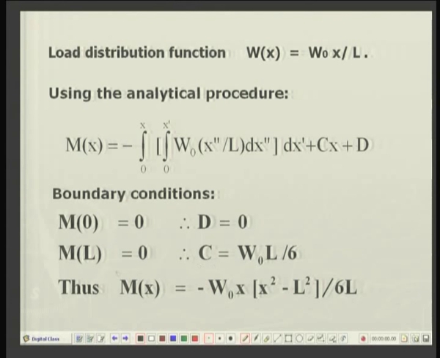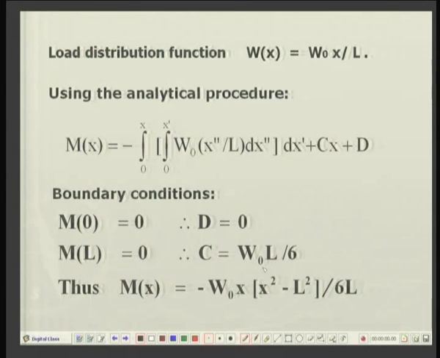Okay. And once we have obtained these two constants, I substitute back into this equation to get the final expression for bending moment. Mx is equal to minus W0 x taken common outside into x square minus L square whole divided by 6L.